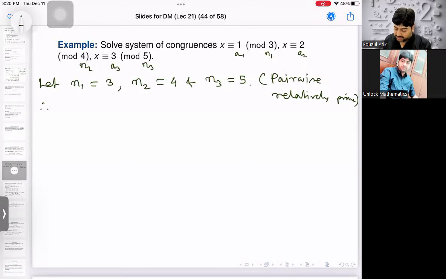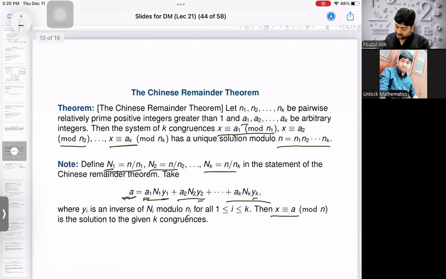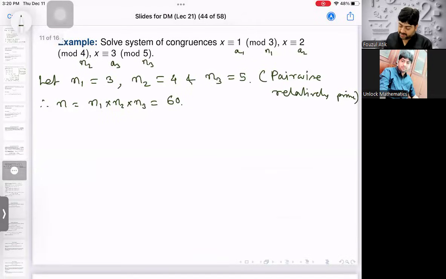Then we have the small n, which is the product of all n: n1, n2, and n3. So if you do the product, 3 into 4 into 5, it is 60. So according to the Chinese remainder theorem, n is this one. Now you have to define capital N1, small n by n1, capital N2, small n by n2, like that. What is capital N1?